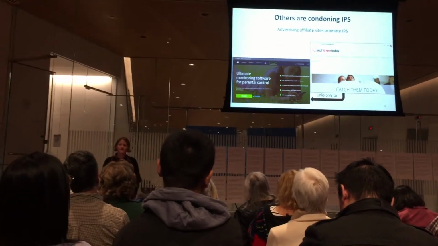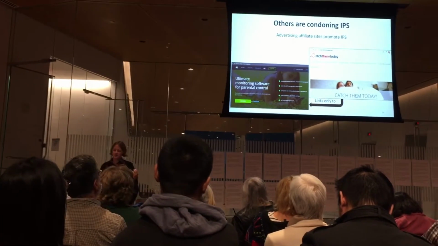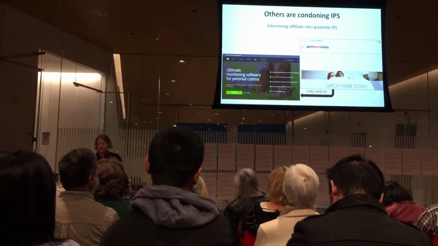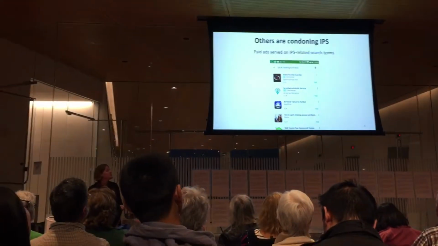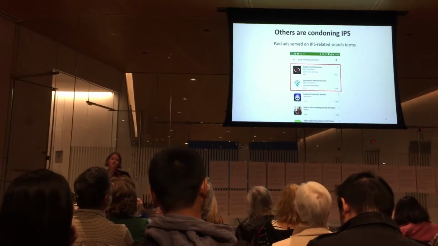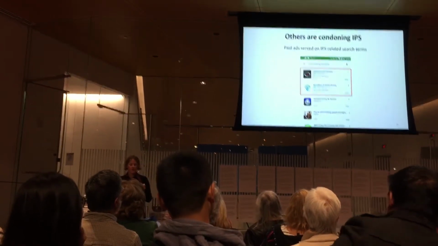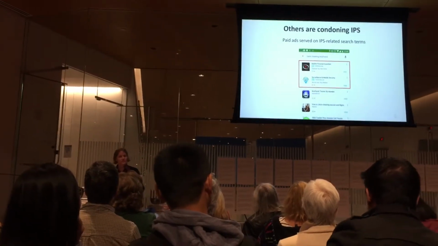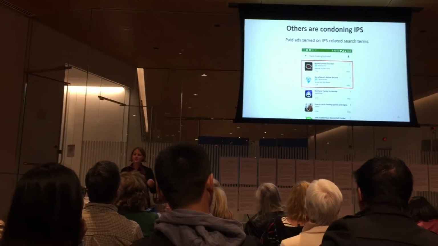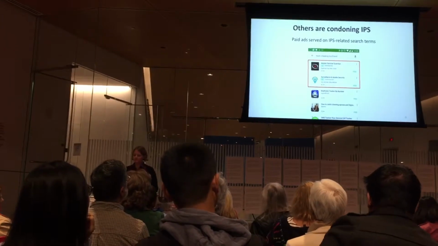Oh, we do very nice parental control, but actually there's all these sites out there that advertise that as spouse tracking. And then we found a bunch that were paying for these ads, right? So paying in some way or another to have Google show their particular application. Again, parental guardian is a good one. Surveillance and mobile security, things that sound legitimate, but that can actually be used for bad reasons.